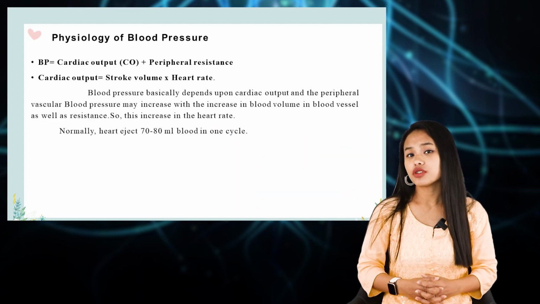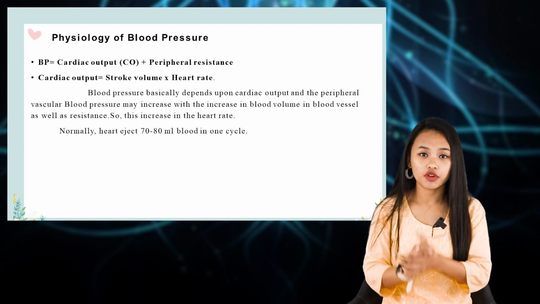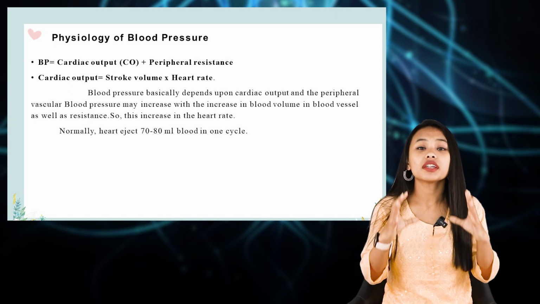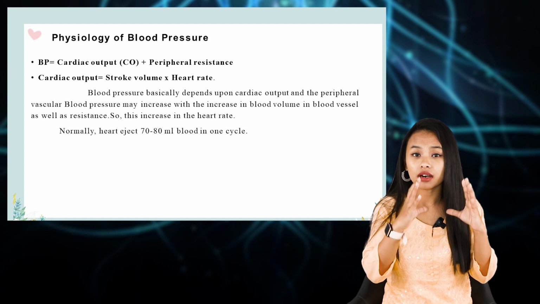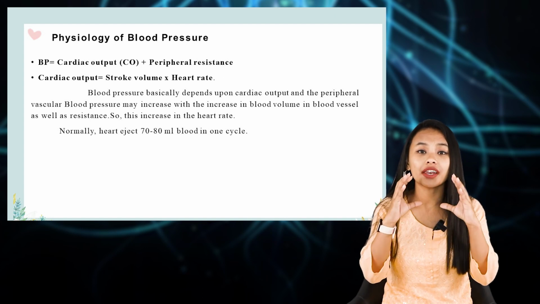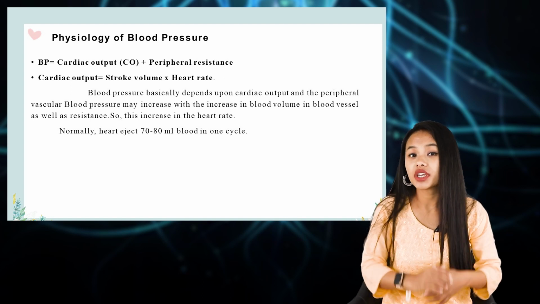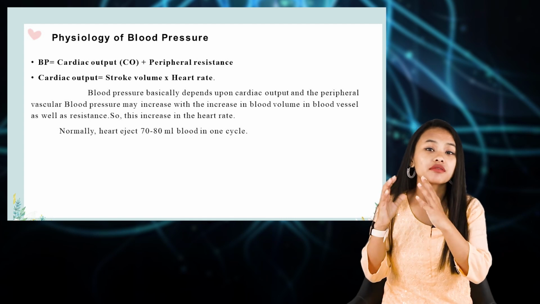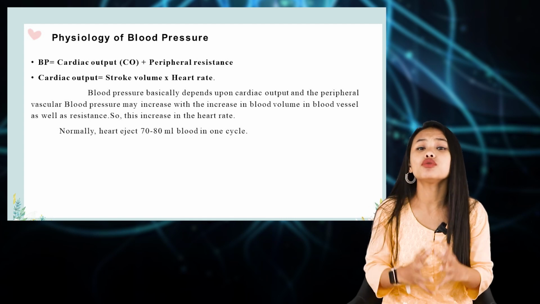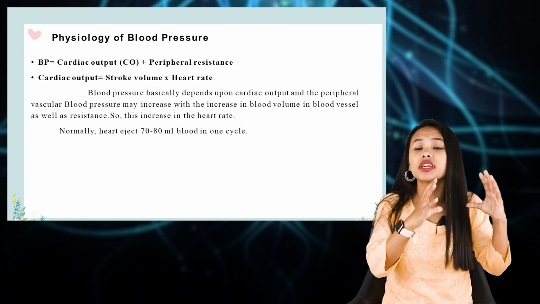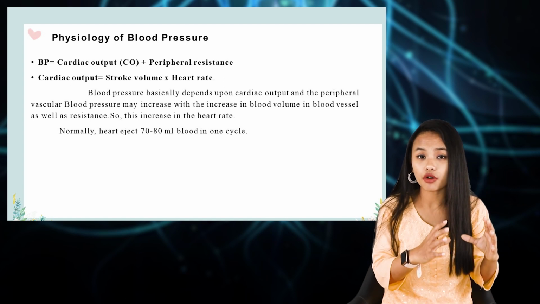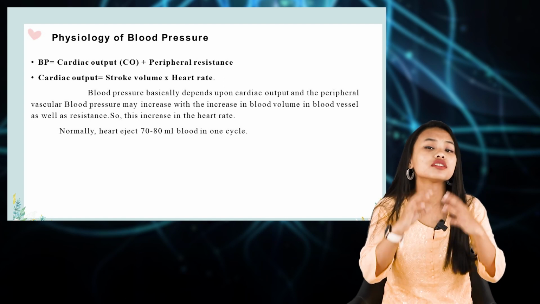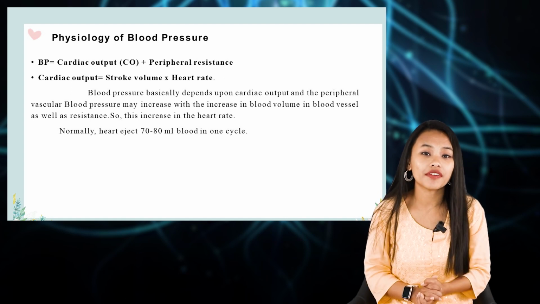Now, moving on to the physiology of the blood pressure. In order to get the correct value of the blood pressure of an individual, we need to know the cardiac output and the peripheral resistance. So how will you know the cardiac output? You will get to know the cardiac output only if you know the stroke volume and the heart rate of an individual.